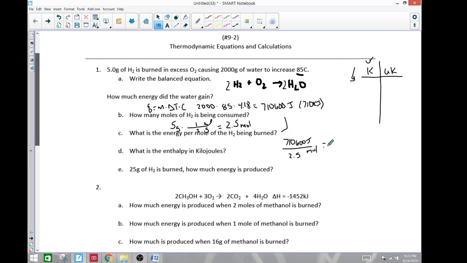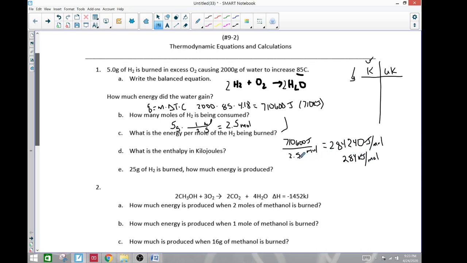So divide those two out to get our ratio of joules per 1 mole, divided by 2.5 is 284,240. That would be joules per mole, or it would be 284 kilojoules per mole.